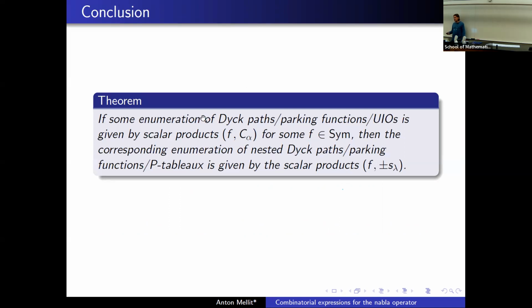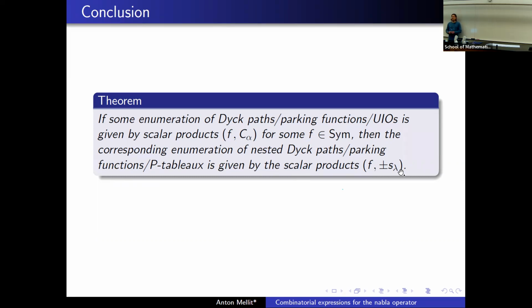If some enumeration of Dyck paths, parking functions, whatever you have, can be reformulated in terms of unit interval orders, and if that counting is given by scalar products of f with c alpha for some symmetric function f, where c alpha is the Hall-Littlewood function, then the corresponding enumeration of nested things, nested Dyck paths, nested parking functions, P-tableaux, is given by the scalar product with Schur functions.